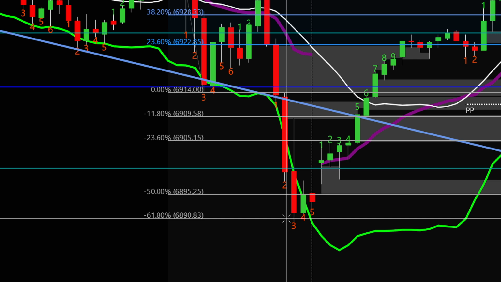A different number, but still a Fibonacci. Remember, there are Fibonaccis within Fibonaccis. If it closed above that 61.8 level, that means that it could bounce from here, which is what it's doing.